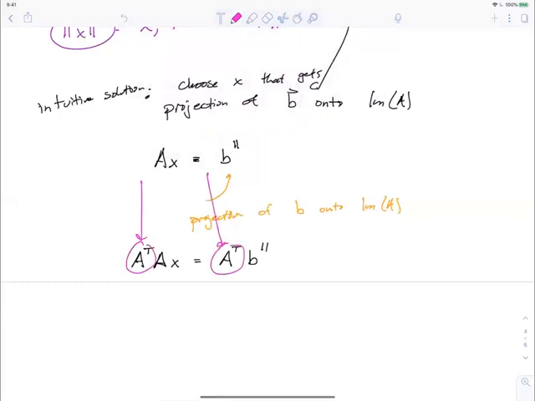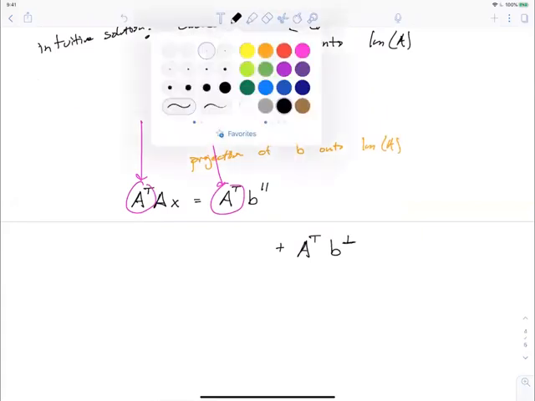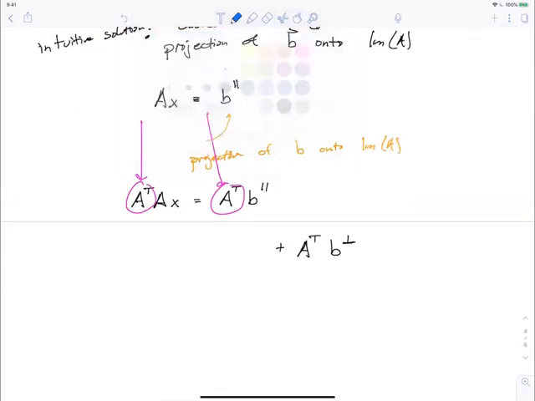But this is why it all works, and it really comes down to understanding the kernel and the image. So to see where this punchline comes from, we can add A transpose times B perpendicular, which is equal to the zero vector.